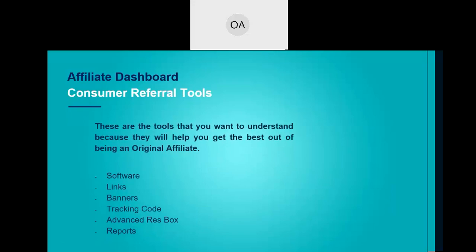We'll be looking at our links, which are your affiliate links, the banners that we have available for you, a tracking code, which is a pixel that you can install in your website, our booking engine, so that you can drive bookings directly to the booking engine itself, and obviously the report section.